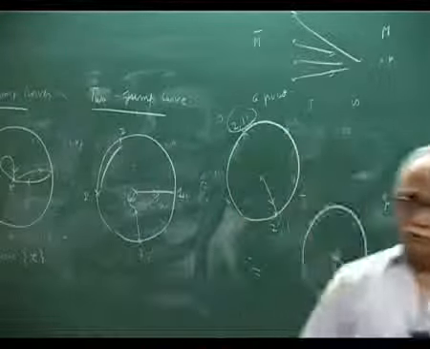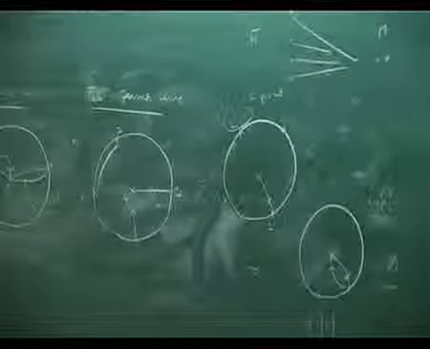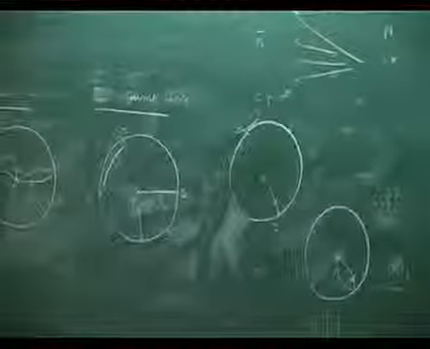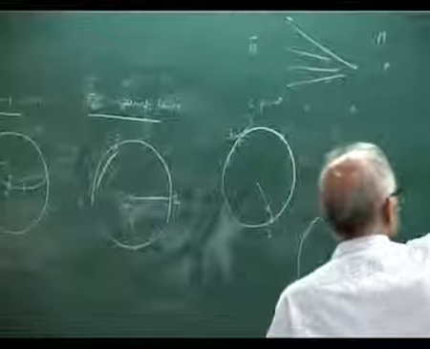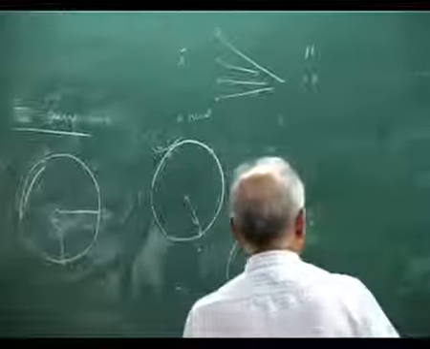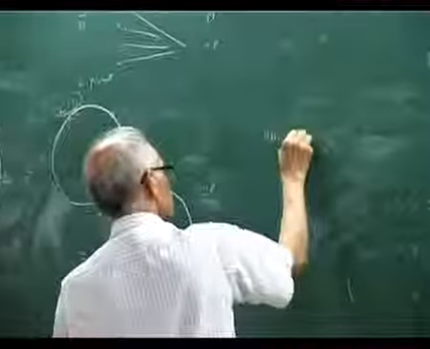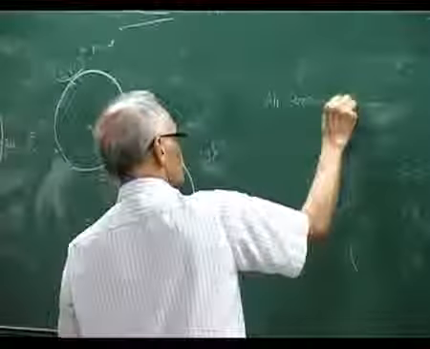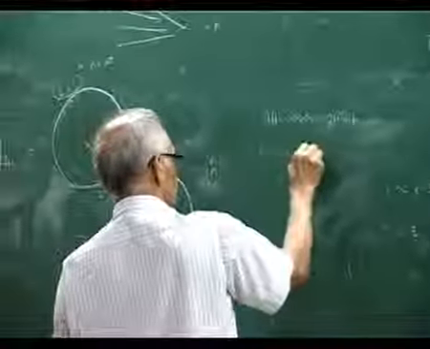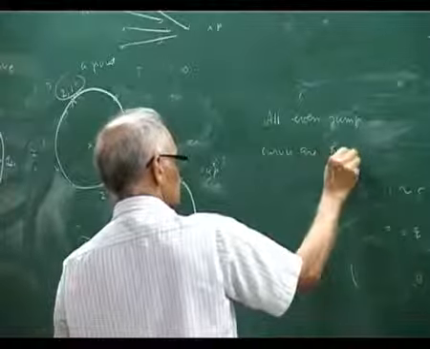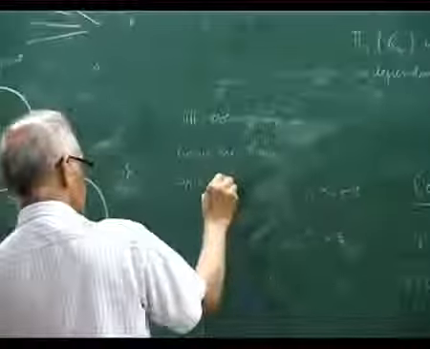Okay. So if I have two jumps like this, you can always deform to 0 jump. So all even jump curves are homotopic to the identity.